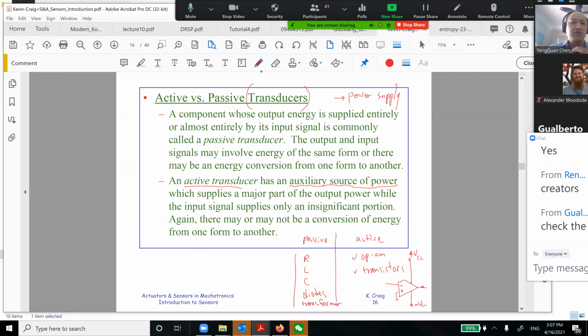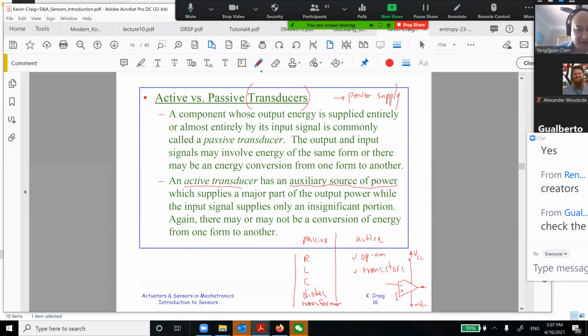Yeah. Transducers could be a sensor, could be an actuator, in fact. You change one variable to another variable, right? But anyway, here we just say these are sensors, okay?